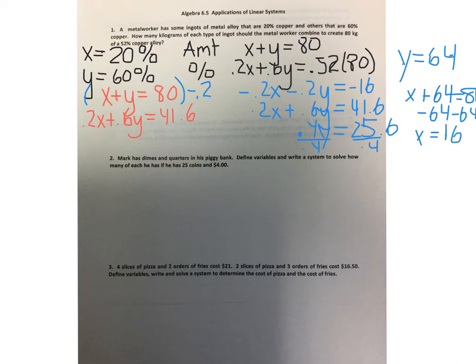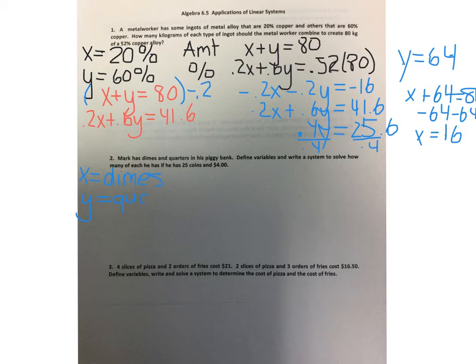Okay. Next one, we're going to do the same thing. So Mark has dimes and quarters in his piggy bank. So again, we're going to define a variable. So I'm going to say that x stands for the number of dimes and y stands for the number of quarters.